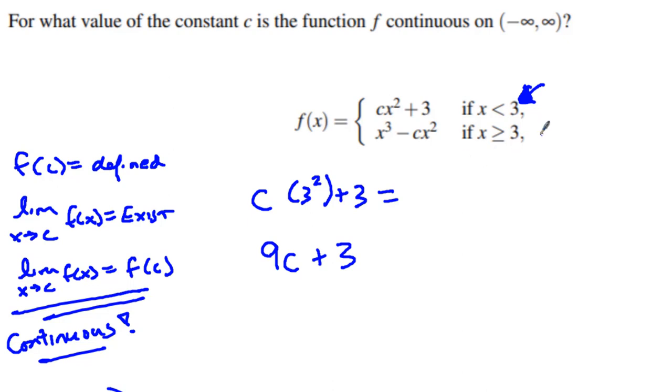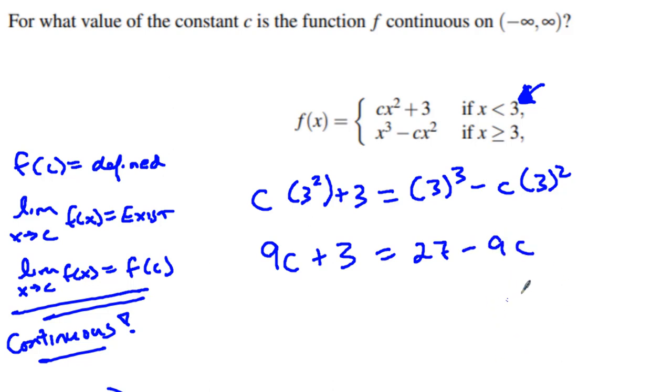Now we go to the second function and plug 3 in. So we have 3 cubed minus c times 3 squared. 3 cubed is 27 minus 9c. I'm going to do a little bit of algebra here. I have 18c, since I added that 9c on this side.